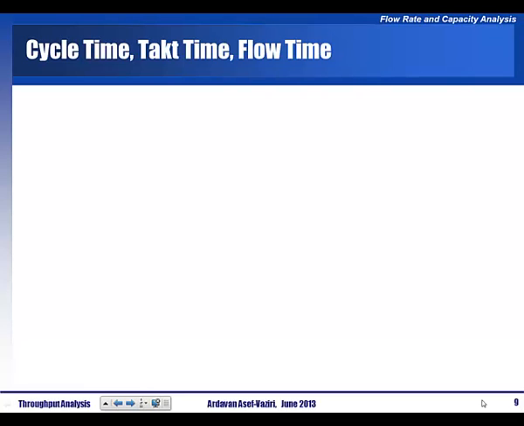Now, let's look at some other metrics of this problem. We know a day is 480 minutes. Each minute we can produce one product. Therefore, in a day we can produce 480 products.